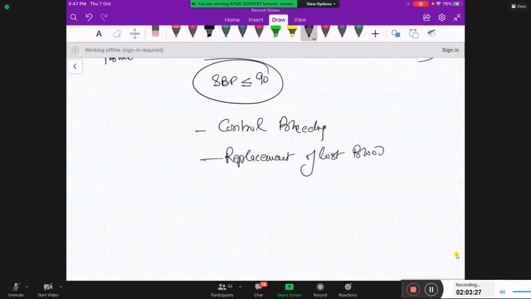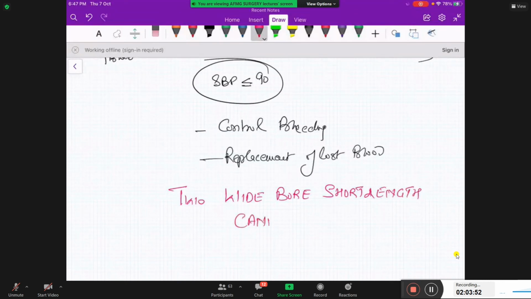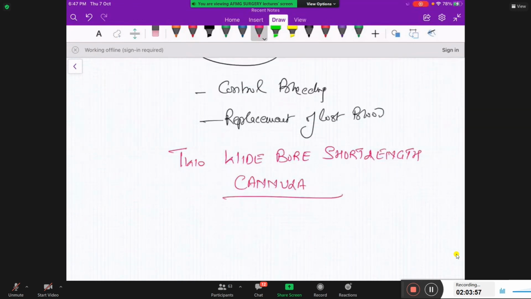So how will we replace blood and fluid? In every patient of trauma, they say immediately in C, put two wide bore, short length cannulas. We have to immediately put in two, not one, two wide bore short length cannulas.